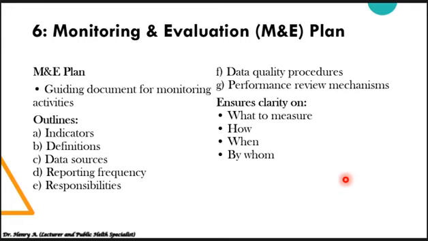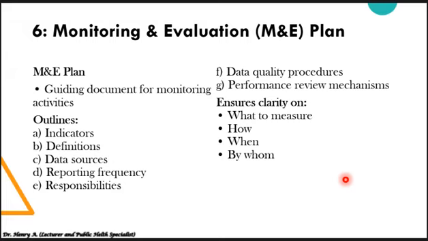It will show you what their definitions are, what the data sources are, what the reporting frequency should be, the responsibilities of each person, the data quality procedures, performance review mechanisms, and it ensures every actor understands what to measure, how to measure it, when to measure it, and by whom.